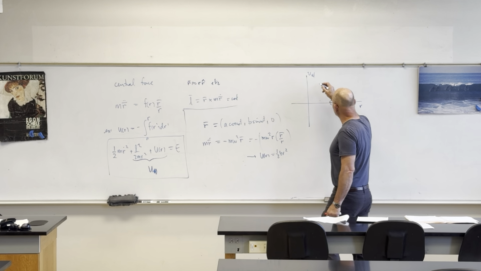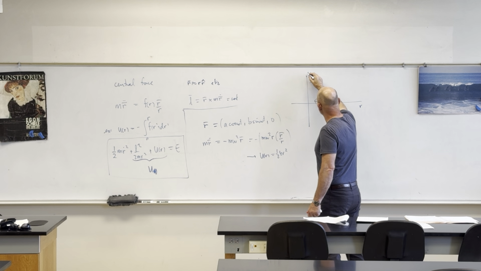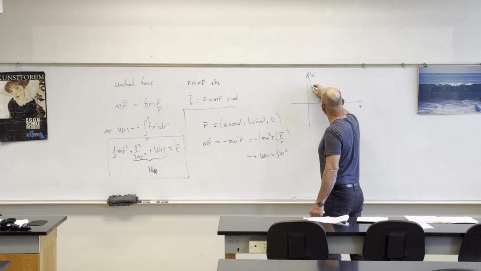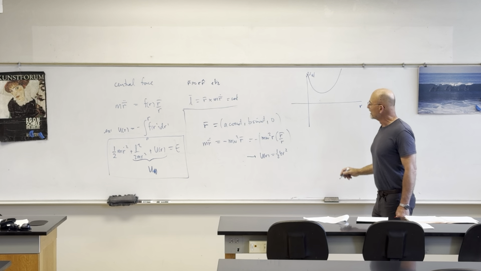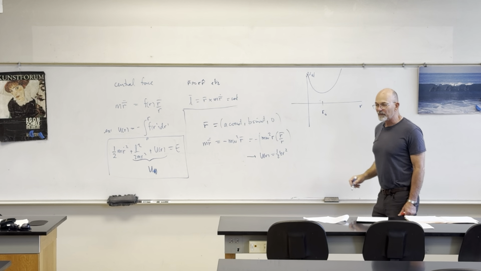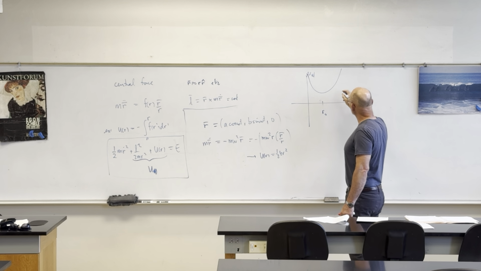And in particular, the effective potential of different kinds. This one for one half k r squared looks like that. Has a local minimum, circular orbits, has a second derivative.